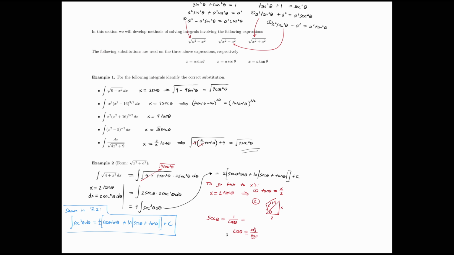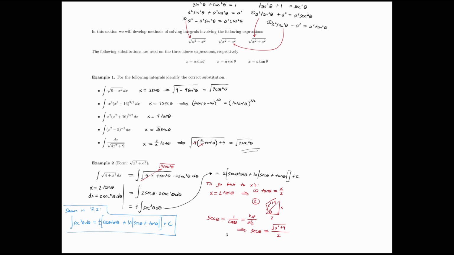Well, since secant is just a reciprocal of this, that means secant is the ratio hypotenuse over adjacent. Okay? So because of that, the secant of theta is square root of x squared plus 4, hypotenuse over adjacent, so over 2.